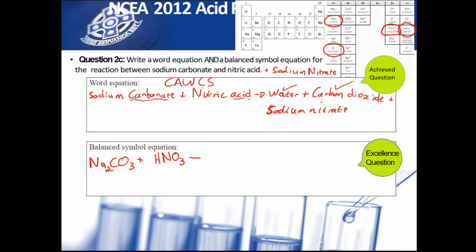Okay, so the carbonate plus the acid gives us water plus carbon dioxide plus the salt. And we said that the salt is sodium nitrate. Sodium, as we know, is Na, and nitrate, as we know from up here, is NO3 minus.